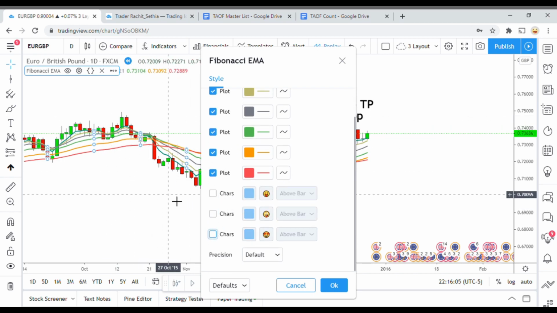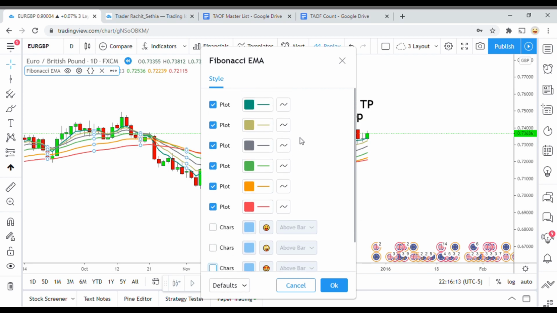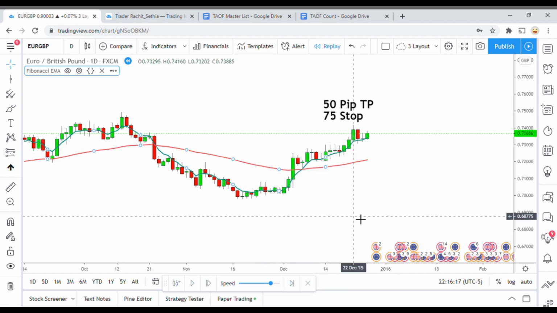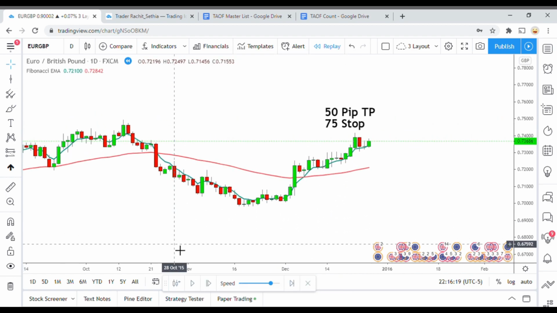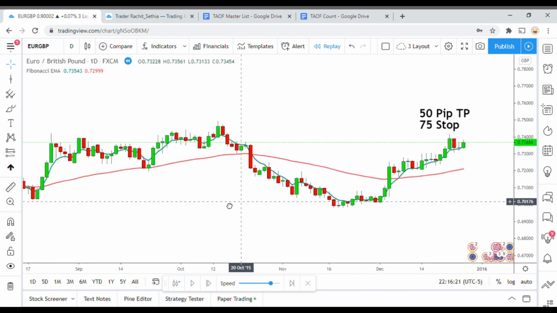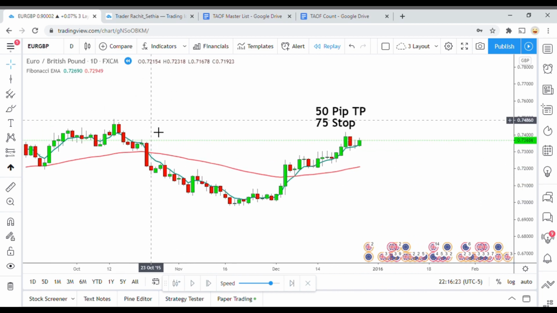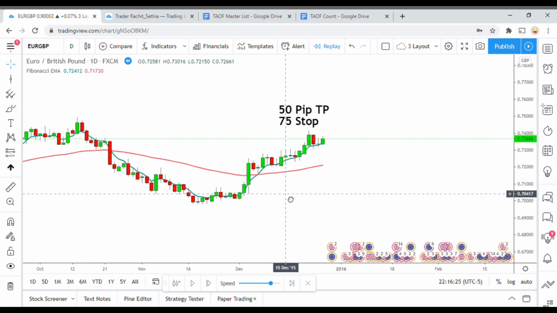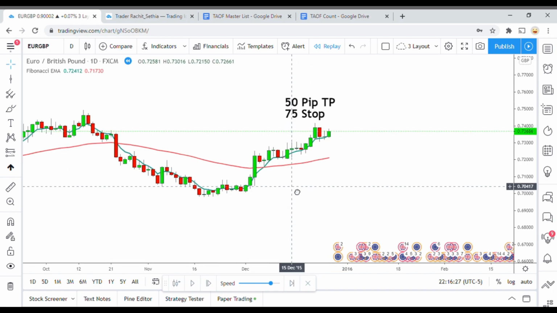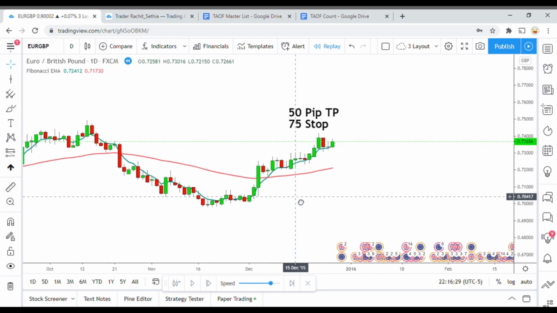First and foremost, I'm going to turn off these smiley faces because they're not doing us much good when they seem to only be working for uptrends. And then the next thing I'm going to do is go ahead and turn these off and see what we can get out of this type of setup.